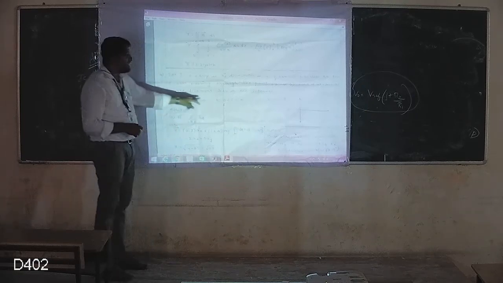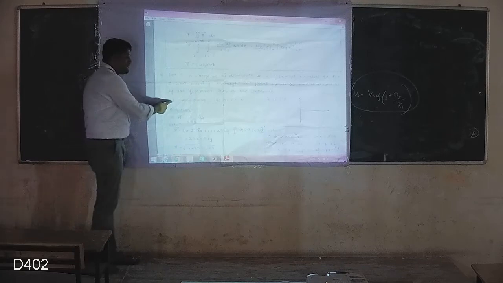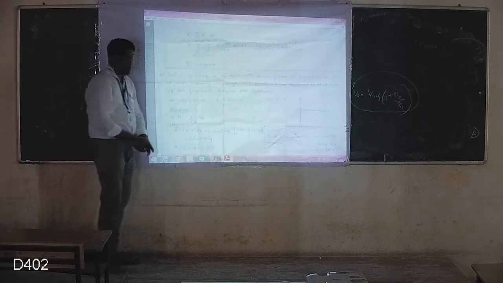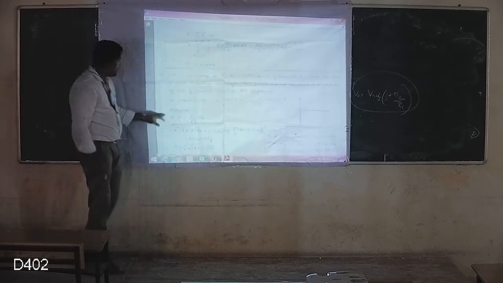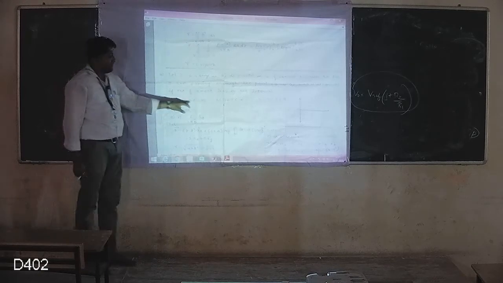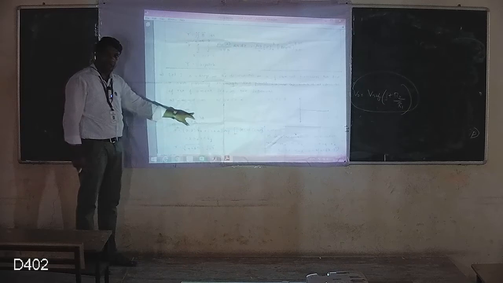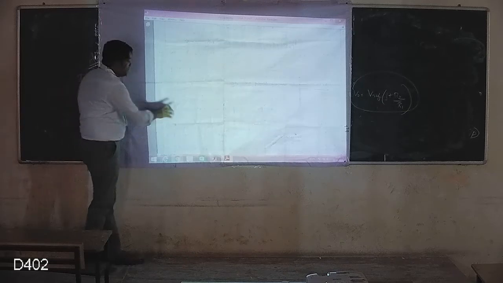The filament lies in three intervals: the first interval is an infinite case, the second interval is a semi-infinite case, and the third interval is a finite case, since it is running between finite values. For the first solution, the infinite case, we got the answer as H vector equal to I divided by 2 pi R in the a phi direction. With that knowledge, we have to find the R vector.